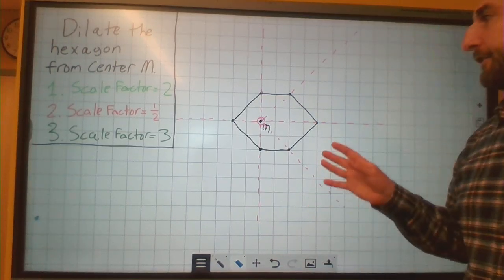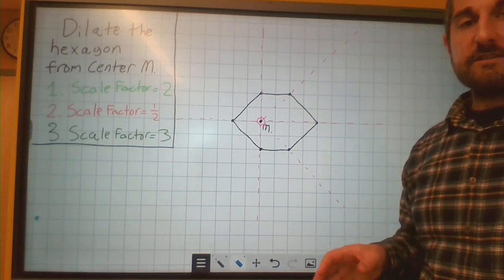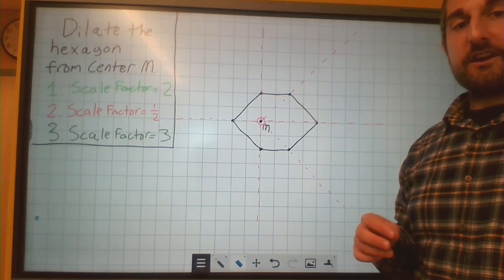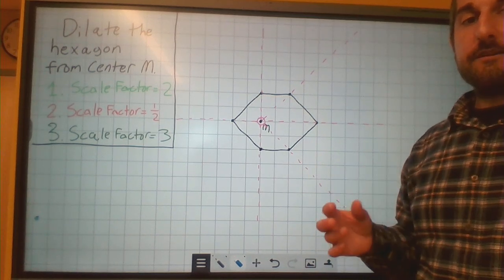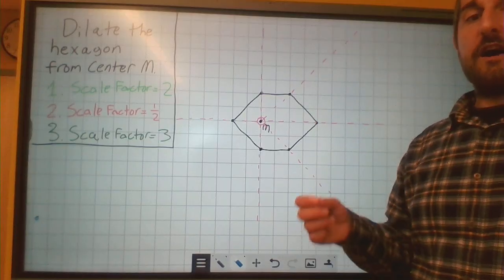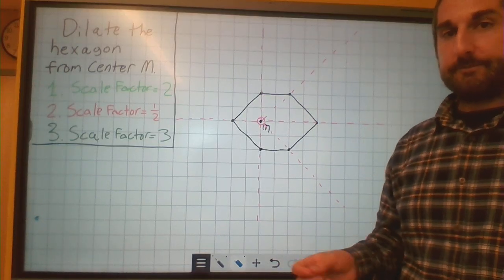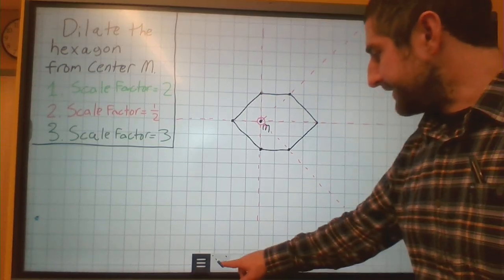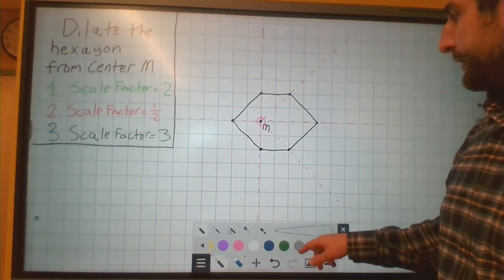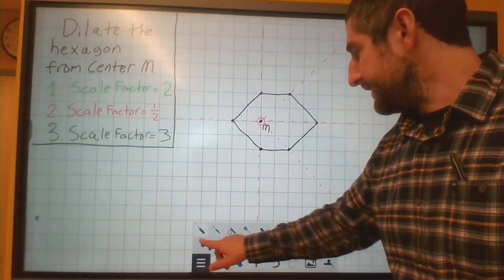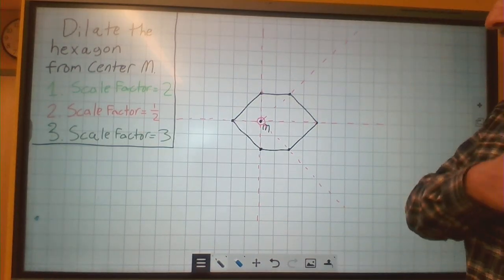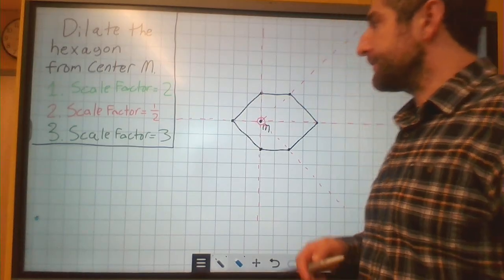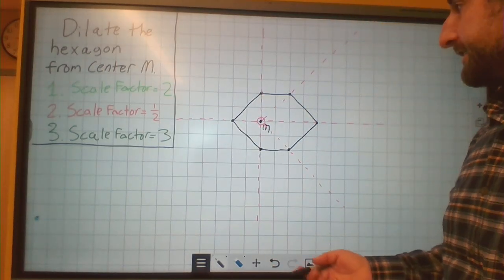In general, if you draw accurate guidelines, you should have the satisfaction of finding that your endpoints land right on those dotted guidelines. So, for instance, if I am dealing with an original hexagon and I want to apply a scale factor of 2, that means I'm doubling all the distances.